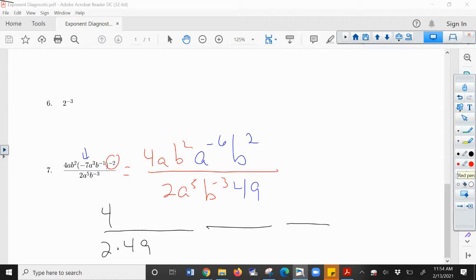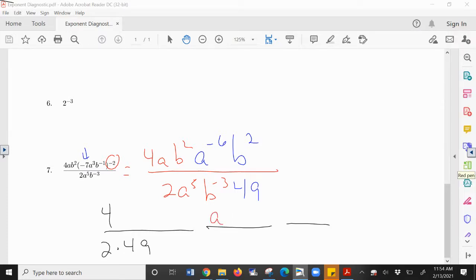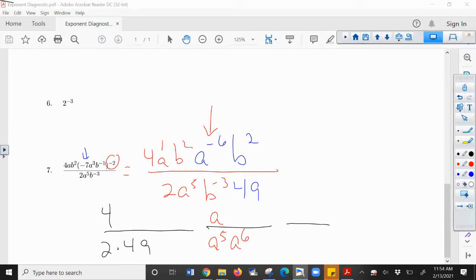Now the a's. I've got a on the top, and I've got a to the -6th. Well, a to the -6th is the same as a to the +6 in the bottom. So I'm going to put this one down the bottom. And there's an a to the 5th already in the bottom, so I'm going to put that one there too. Making the exponents positive at this point by changing them around is helpful, I think.